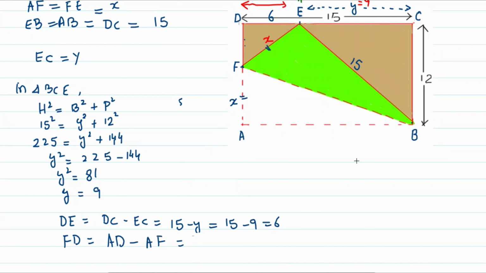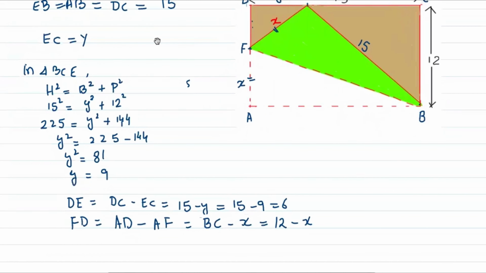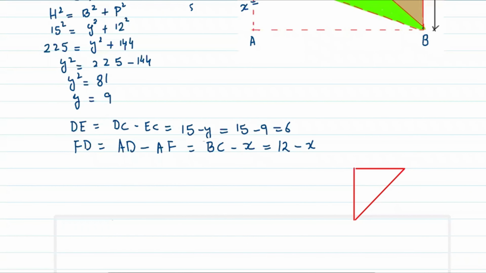So BC minus AF, which is X, so we can write DF equal to 12 minus X. Now this is the right angle triangle EDF.